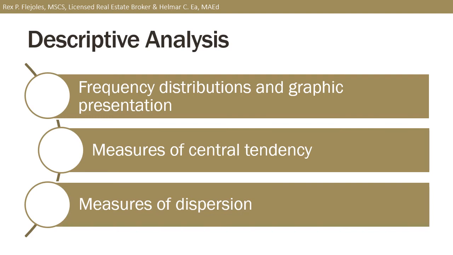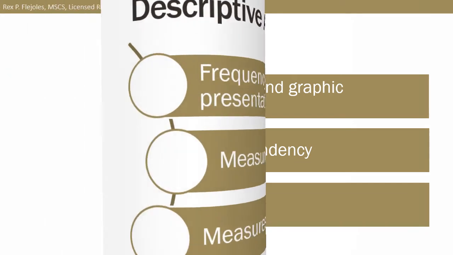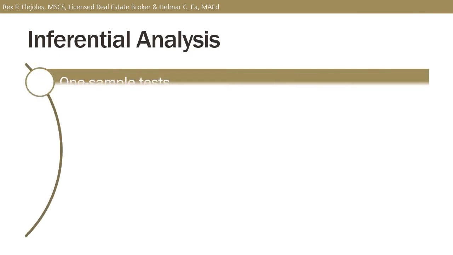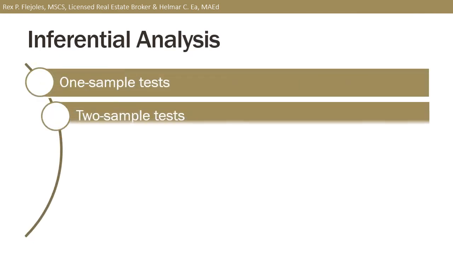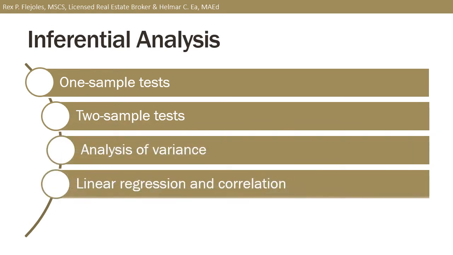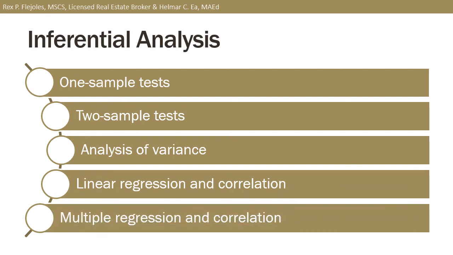A separate unit is allotted to discuss these. For inferential, we could utilize one sample tests, two sample tests, analysis of variance, linear regression and correlation, and multiple regression and correlation. Also, a separate unit is allotted for the discussion of selected inferential statistical tools.